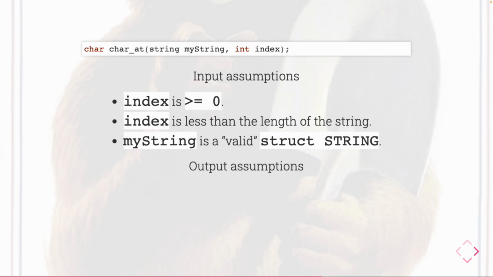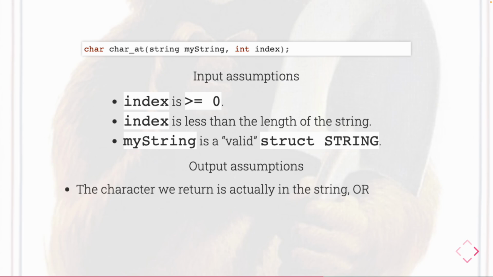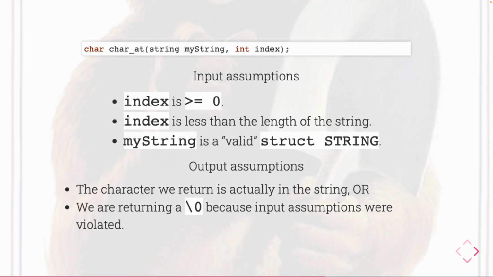And then the output assumptions for this function. We want the character we return to actually be in the string, or you can return a different value, in this case the end of string character, null, because input assumptions were violated. These things are called assumptions for a reason.